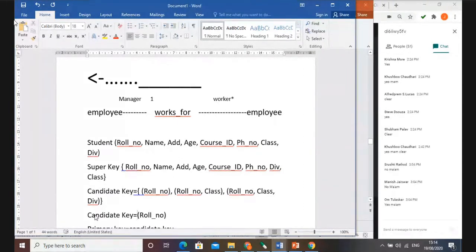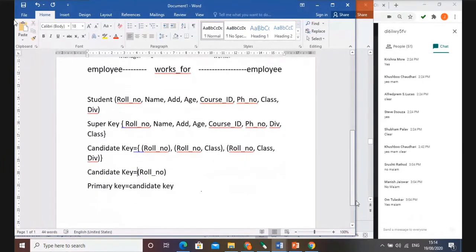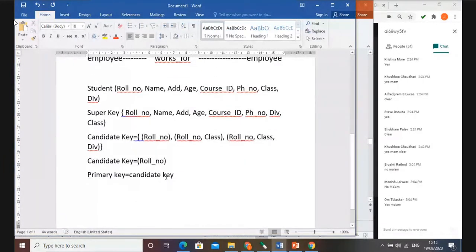The candidate key will be only this, because I am 100% sure that only this is enough for identifying the student. So the same thing is my primary key now. So my primary key is the same as my candidate key. It may be possible, but not always, because a candidate key always gives you the options. But the situation is like this in some cases.